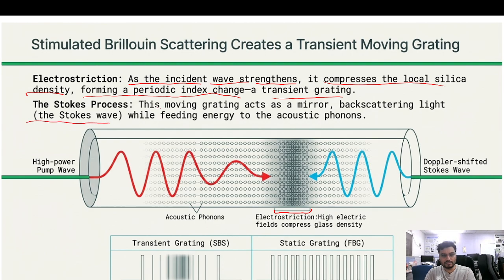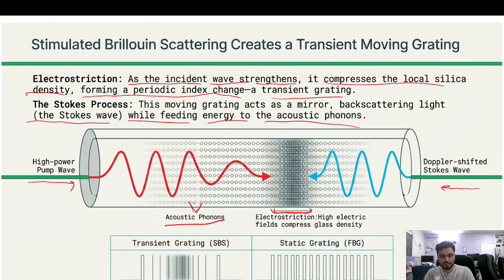This moving grating acts as a mirror, backscattering the Stokes wave while feeding energy to the acoustic phonons. The high power pump wave is propagating this side, and because of the Doppler shifted Stokes wave, it creates electrostriction and acoustic phonons, where there will be a gap.